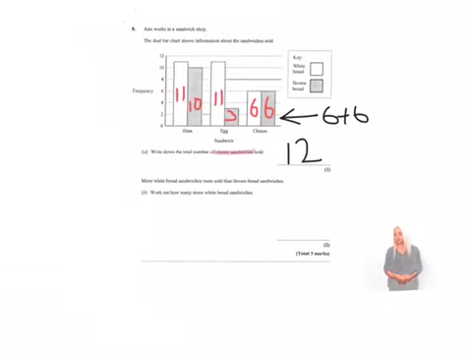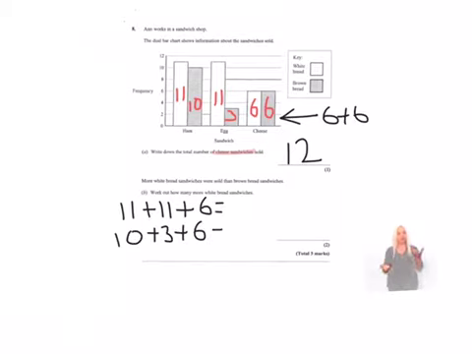The next question wants us to work out the difference between the number of white and the number of brown. So we add up our white, so we've got 11, add 11, add 6, and our number of brown, which is 10, add 3, add 6, and then find out the difference between them.